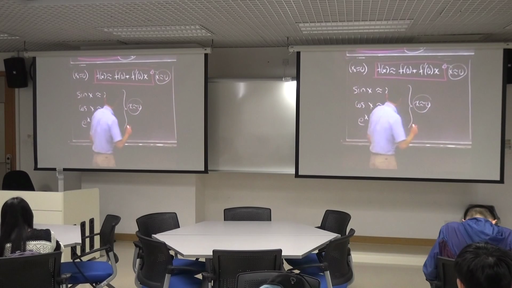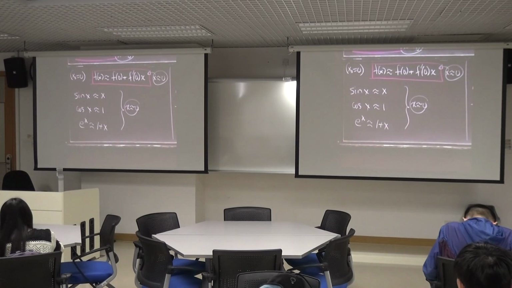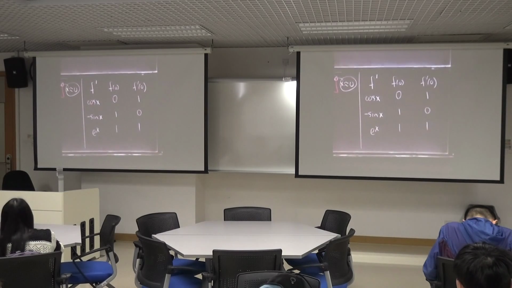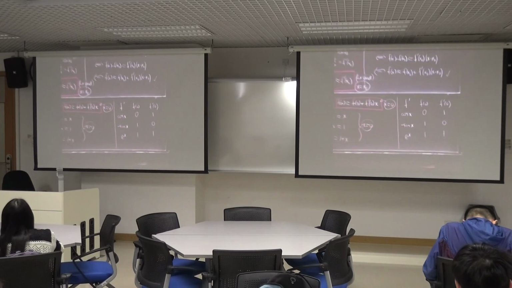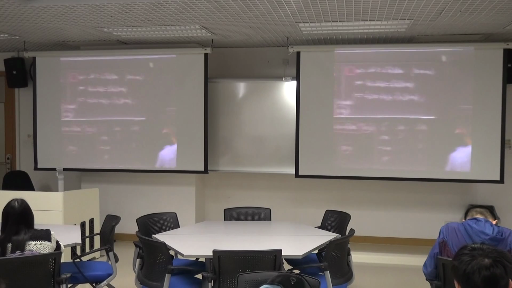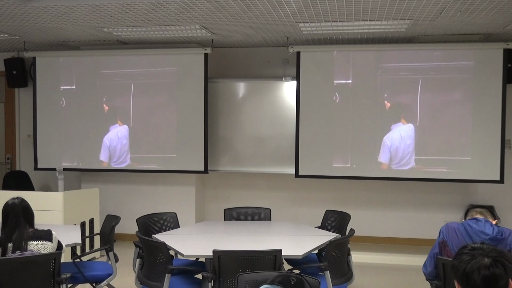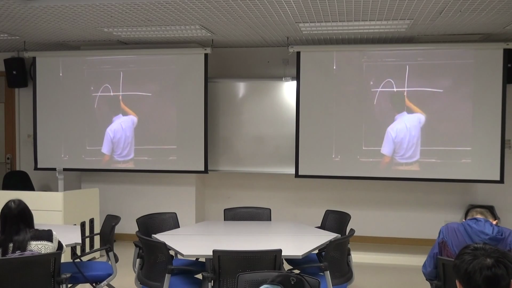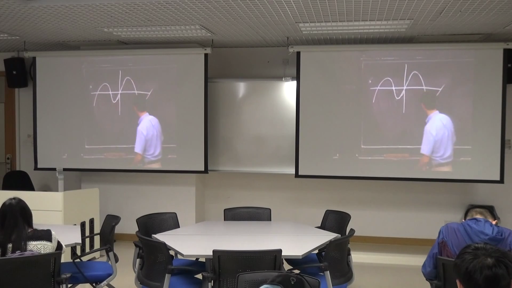So let me just emphasize again the geometric point of view by drawing pictures of these results. First of all, for the sine function, here's the sine, well, close enough, okay?